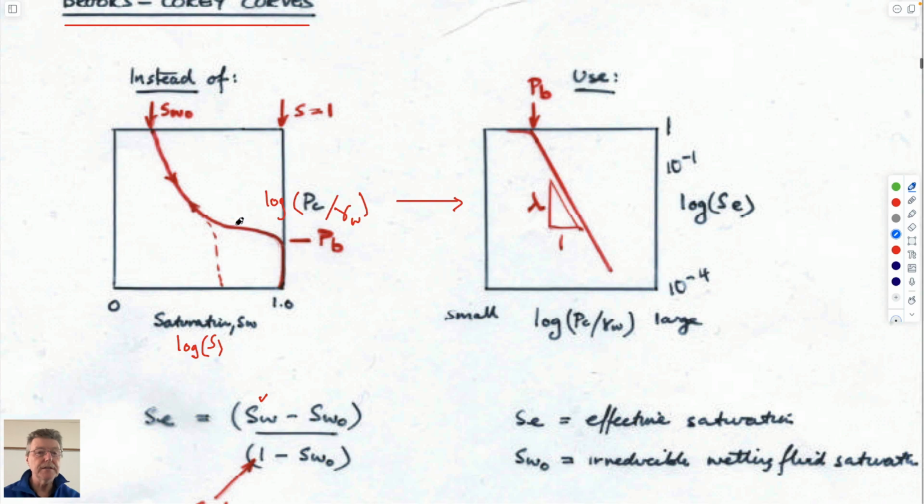So what we're doing is we're basically taking this curve and we're ignoring this part here. We're writing this as an effective saturation. And this effective saturation here goes from 0 to 1.